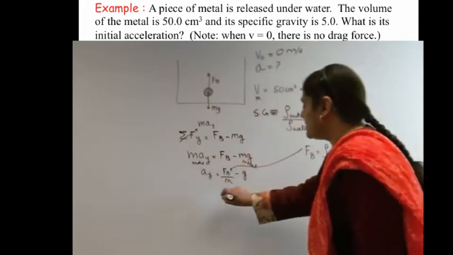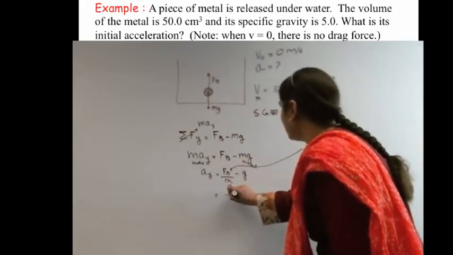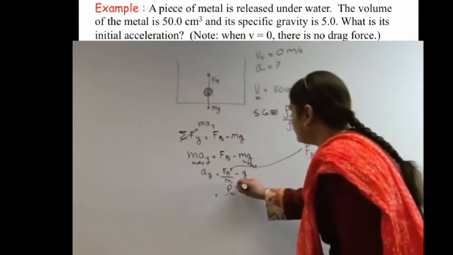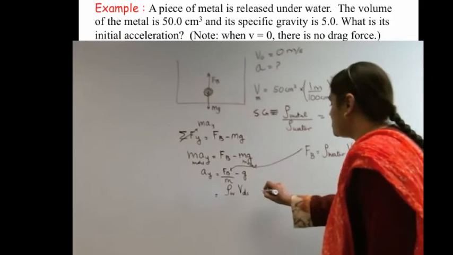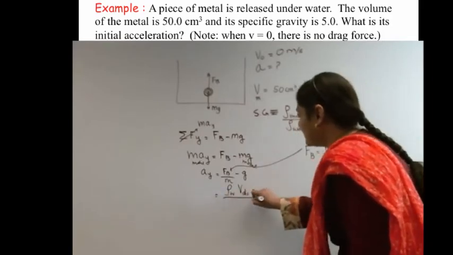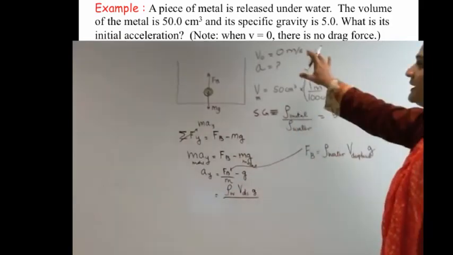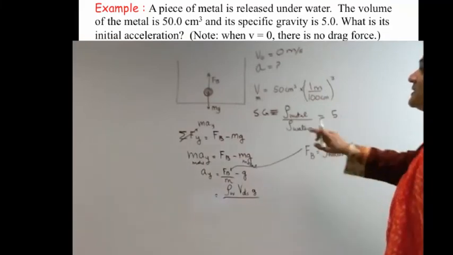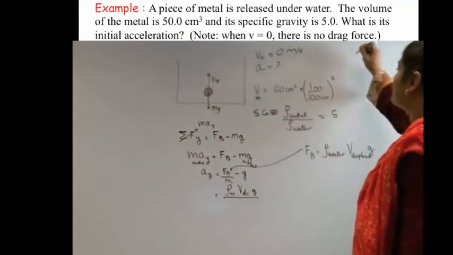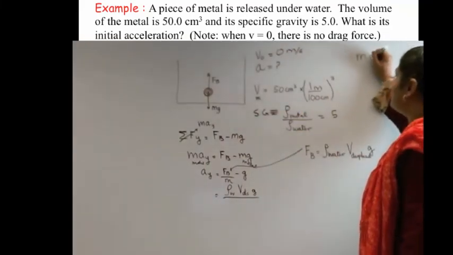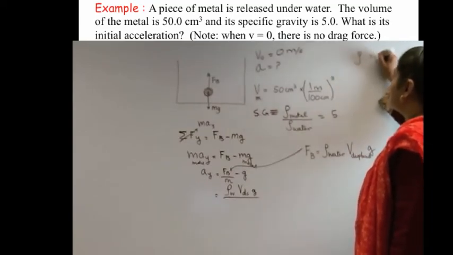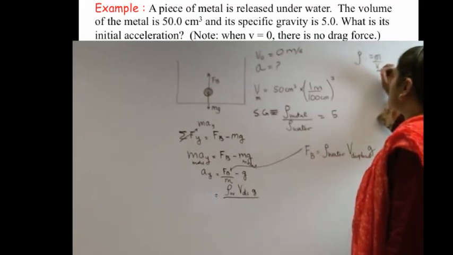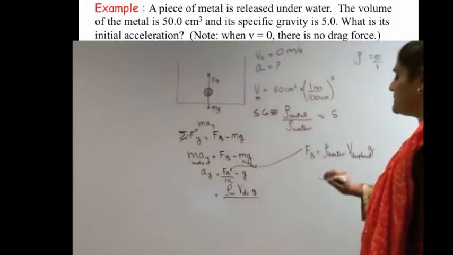Now what do I get? I get rho of water, V displaced, and G divided by M. Now here it doesn't give me an M, but it does give me the volume. So I know rho equals mass over volume, so mass is going to be density times the volume.